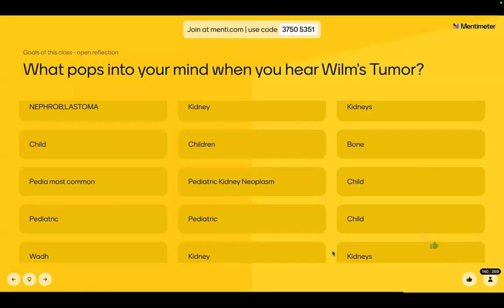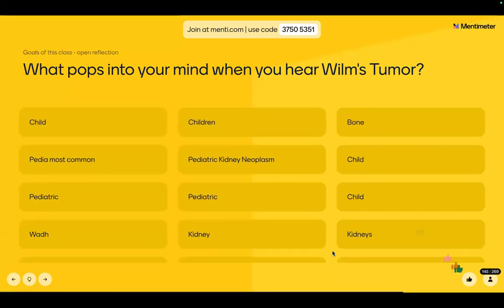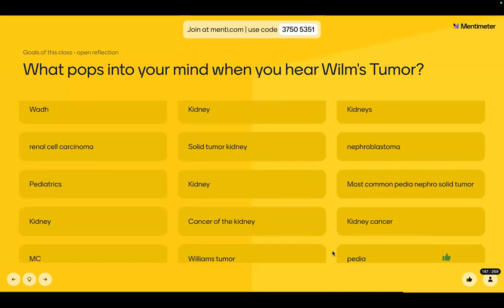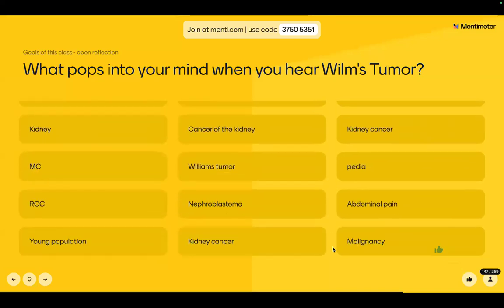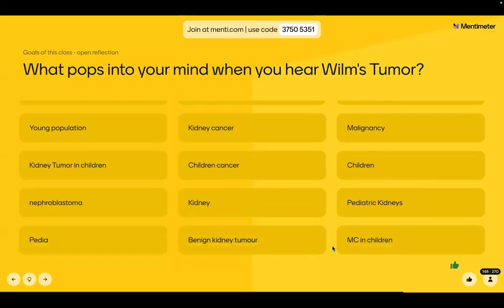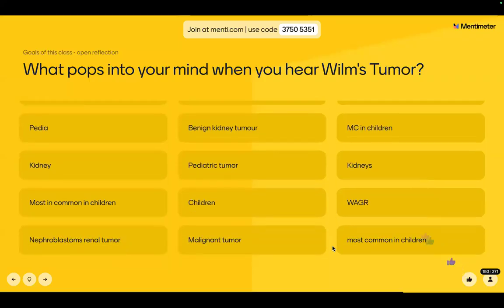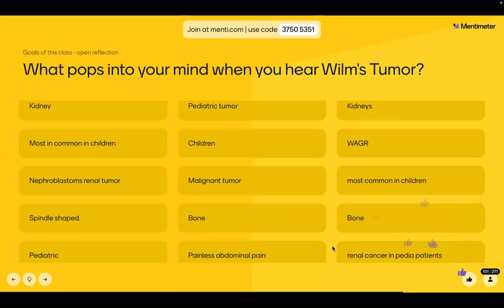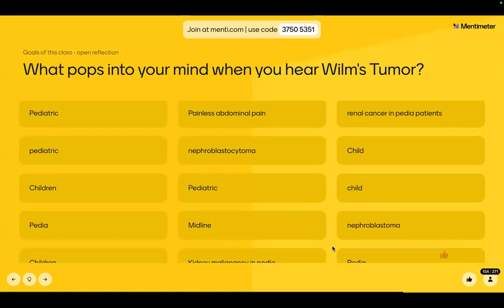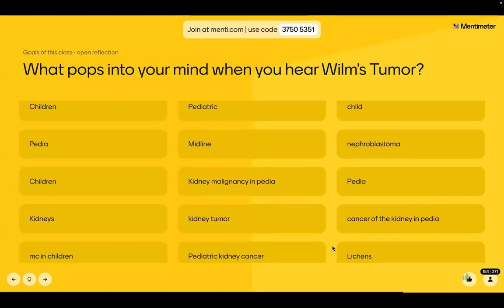Pediatric kidney neoplasm, most common pediatric solid tumor. That's a perfect keyword. Young population. WAGR, very good, I'm impressed. Spindle shaped, nephroblastoma, midline. Great, these are great.